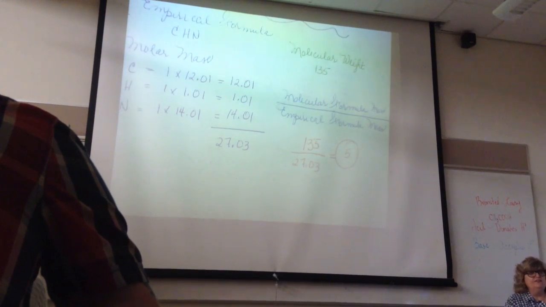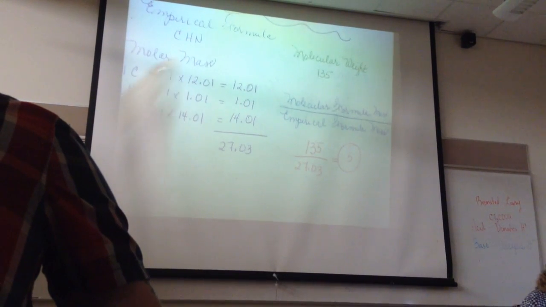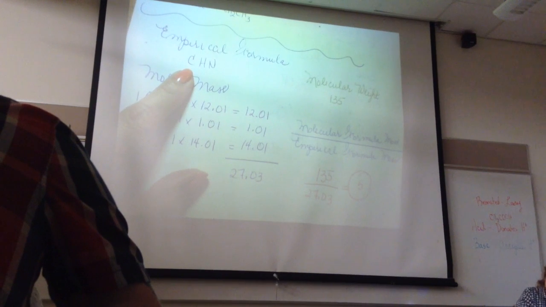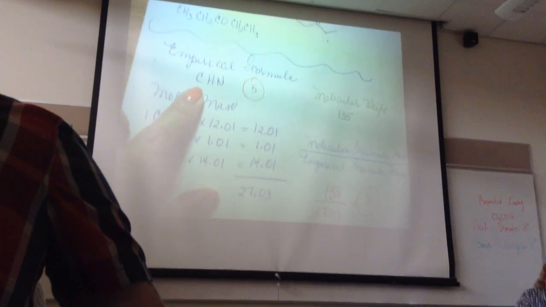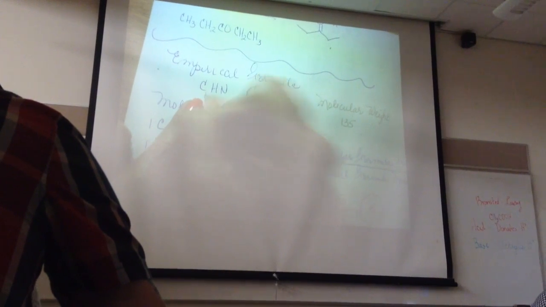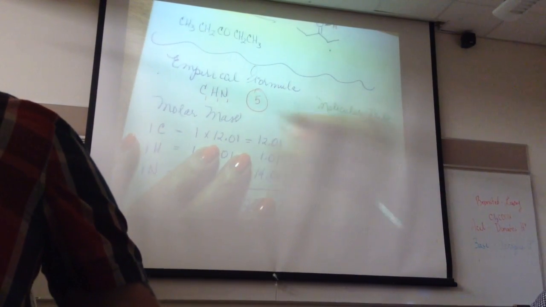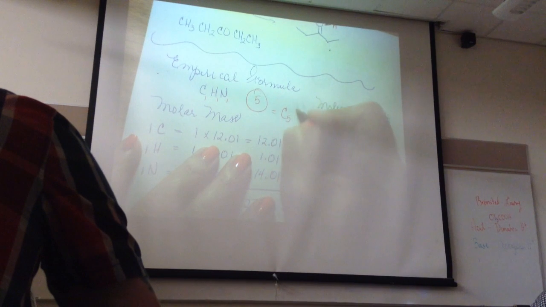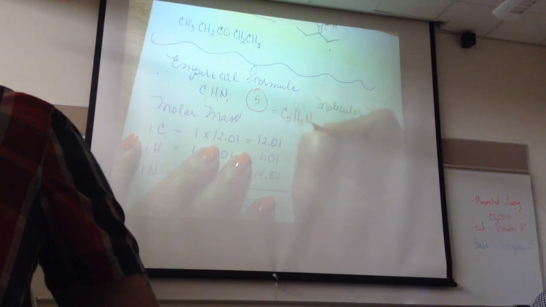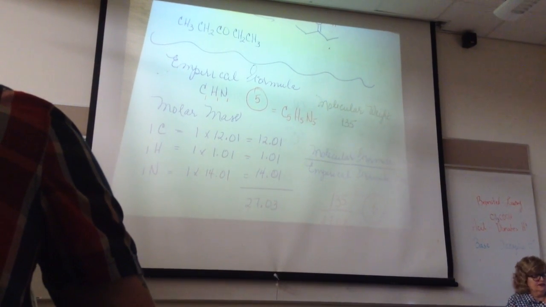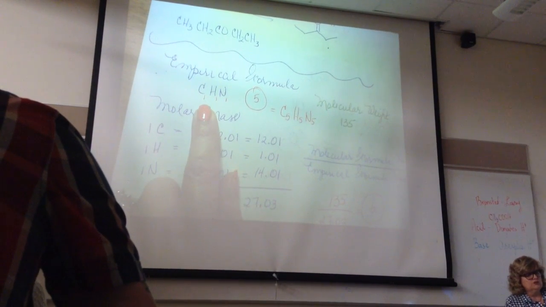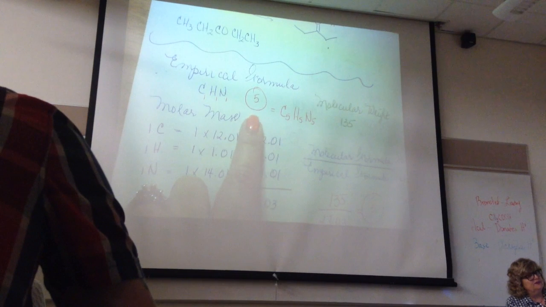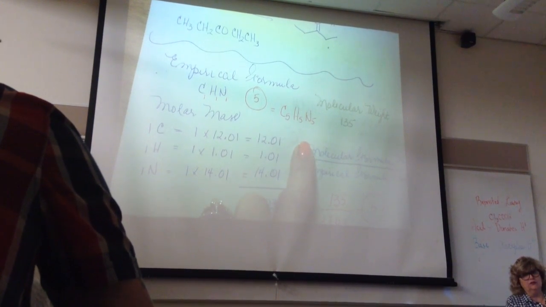And that 5 is the number that's multiplied by each. So that 5 times your 1, your 1, and your 1, you end up with C5H5N5. If you multiply the moles of the empirical formula times that number, you come up with the molecular formula.